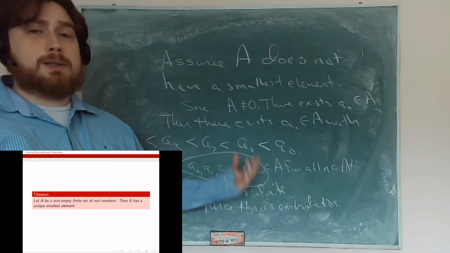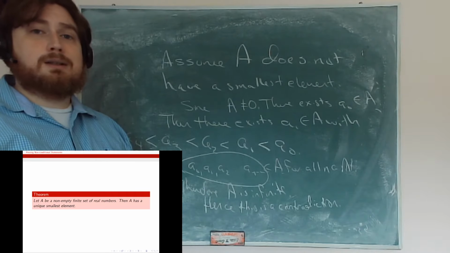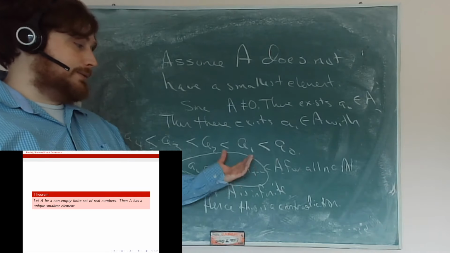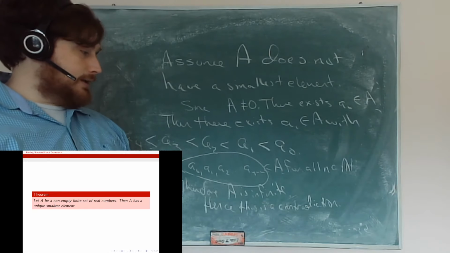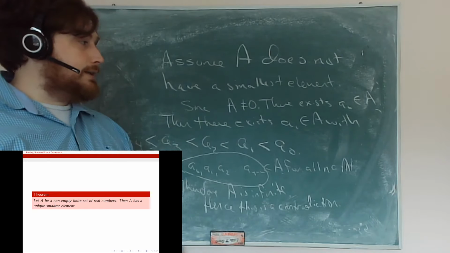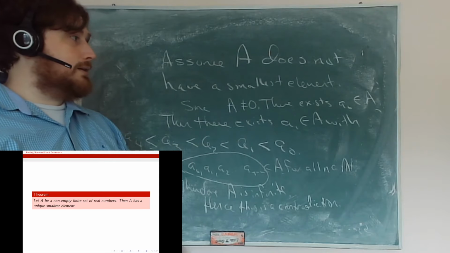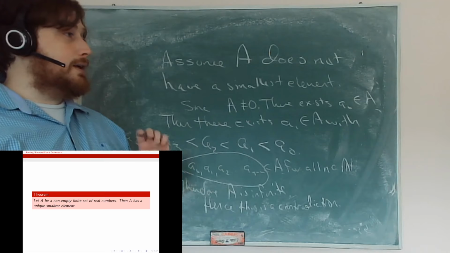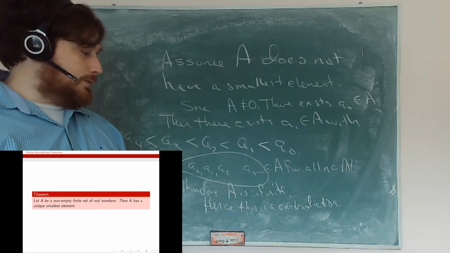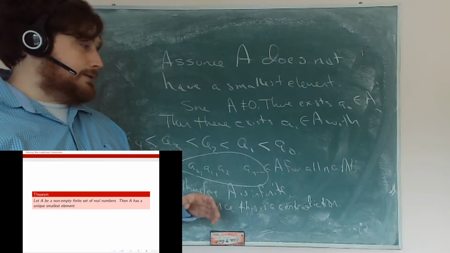It has to have a minimum element. The only other option would be it'd be finite or infinite, but we know it's not infinite because that's finite. So any non-empty finite set of real numbers has to have a minimum element. And that's what we proved here by using a contradiction.